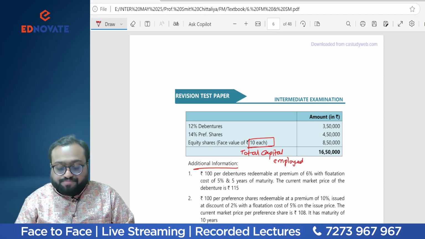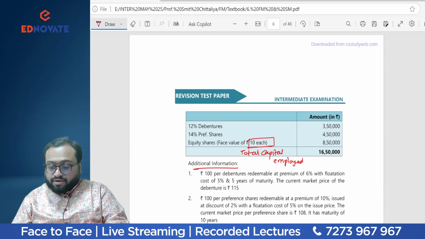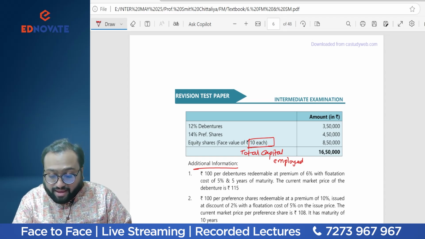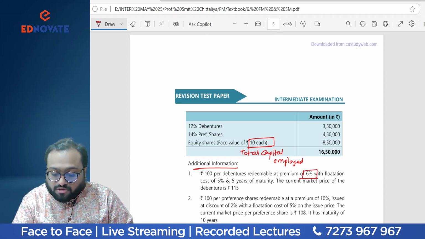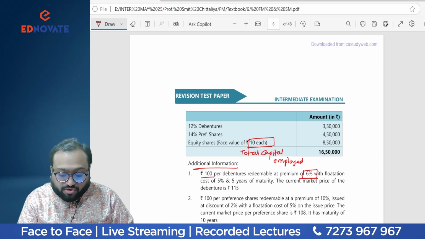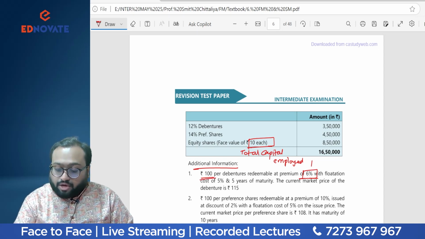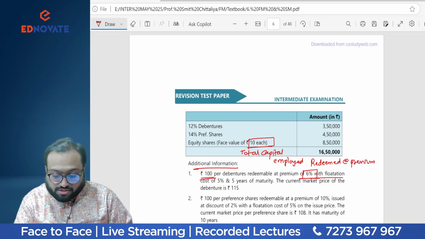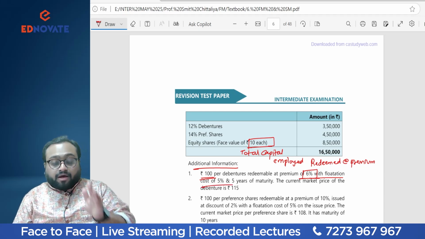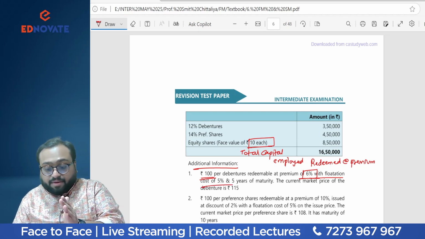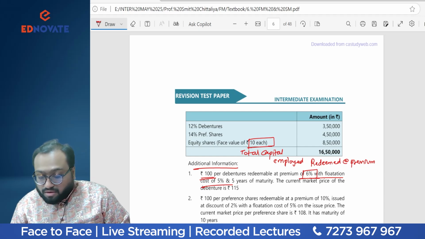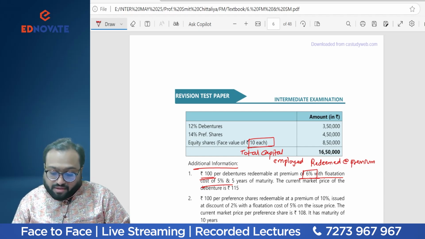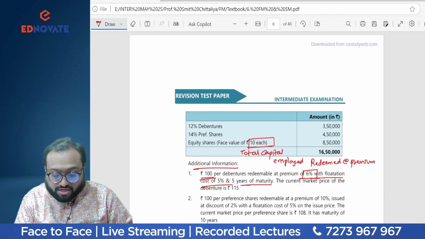Additional information: rupees 100 per debenture, redeemable at premium of 6%. So one thing I know is that the face value of the debenture is 100. They are going to be redeemed at a premium with flotation cost of 5% and 5 years of maturity.